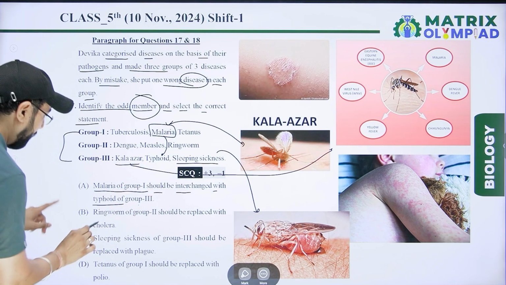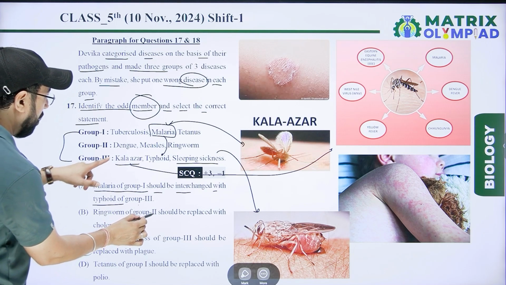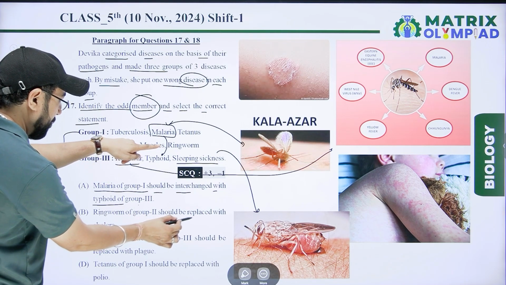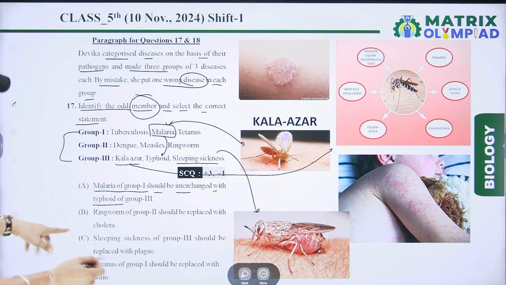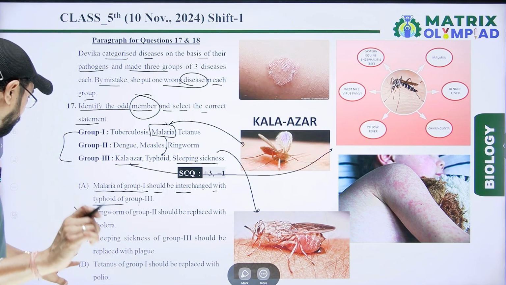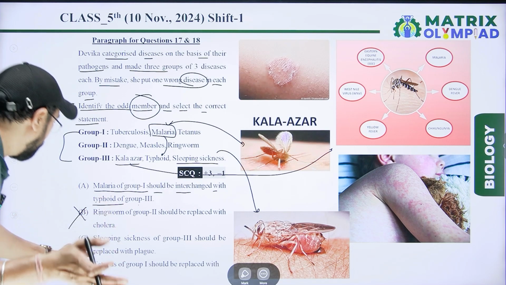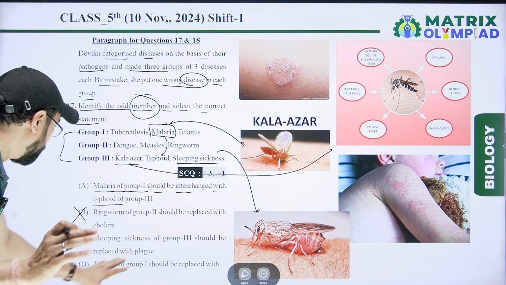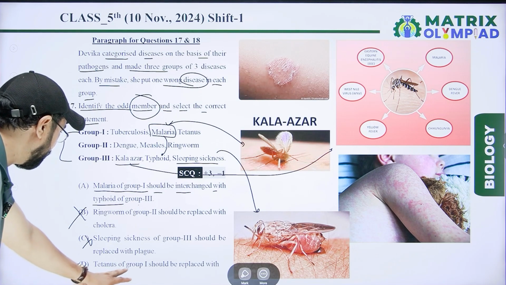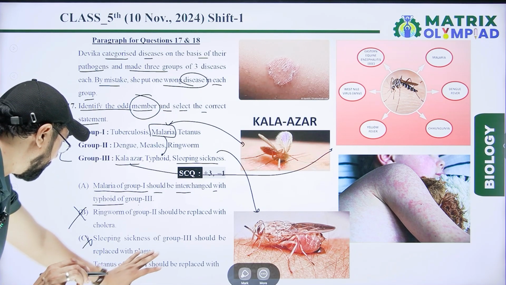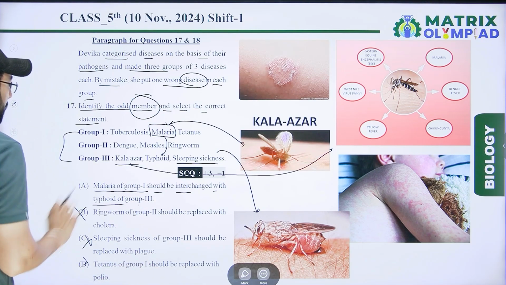That is one condition. Ringworm of group second should be replaced with cholera. No, that is wrong because it is not present in the option. Sleeping sickness of group third should be replaced by plague, no. And tetanus of group first should be replaced with polio, no.